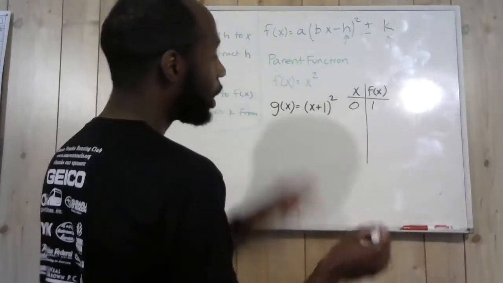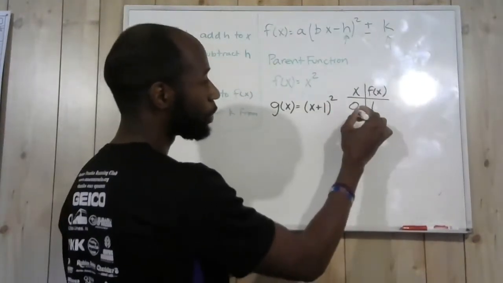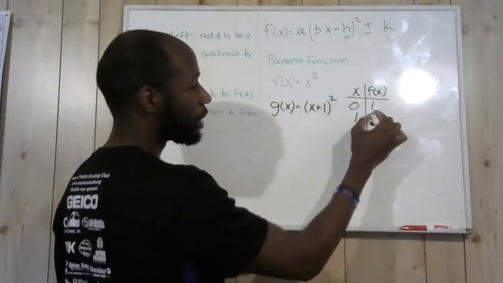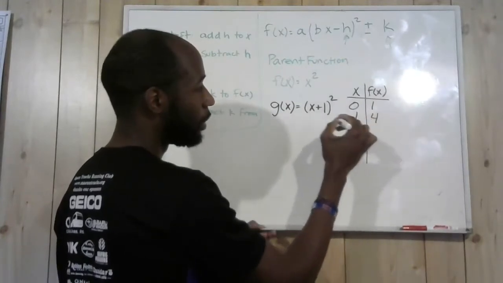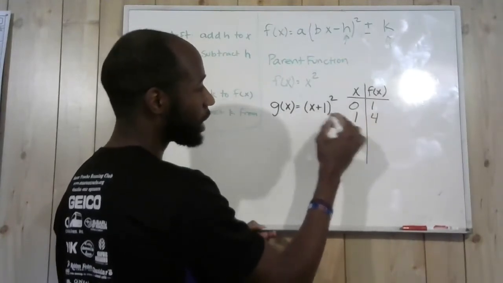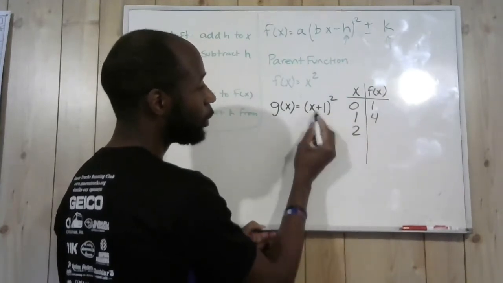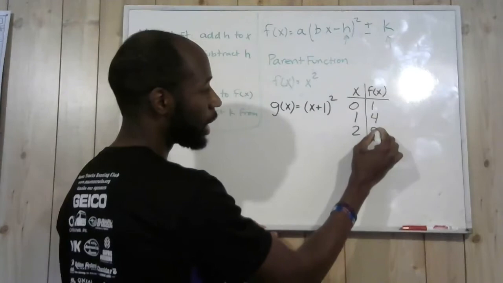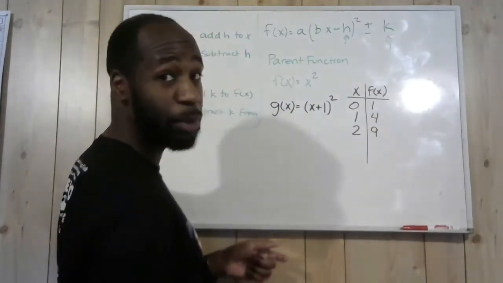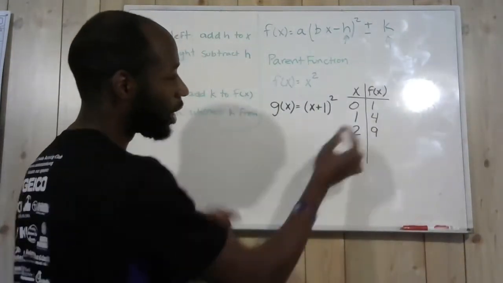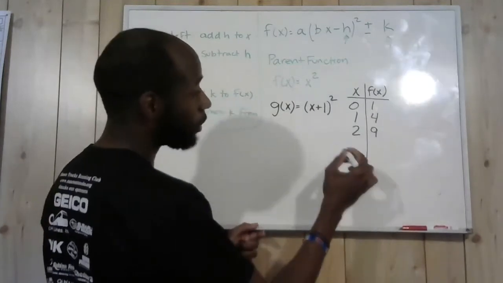If x is 1, 1 plus 1 is 2, and 2 squared is 4. If x is 2, 2 plus 1 is 3, and 3 squared is 9. I don't have a lot of space on this board, so we'll go no higher than 2. Let's go back in the negative direction.